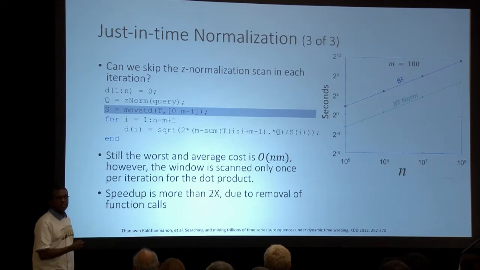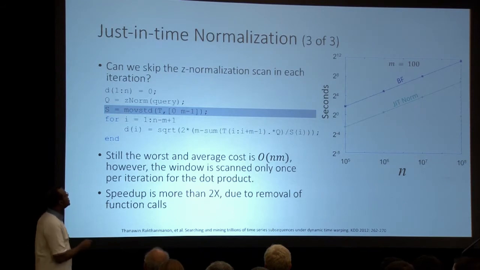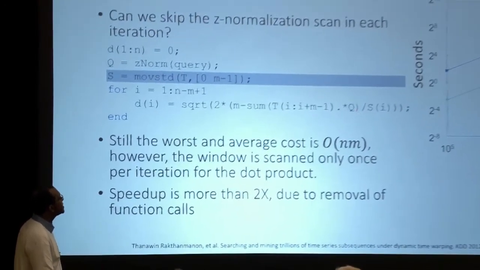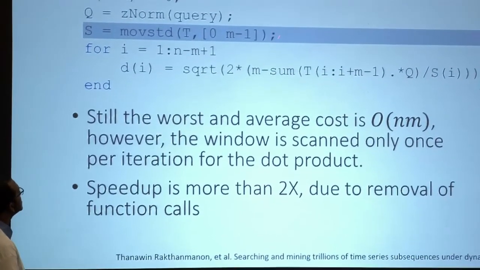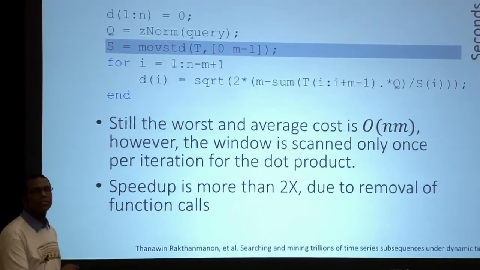This section is basically talking about the just-in-time normalization, meaning that instead of calling that z-norm function, you will use our working formula, where you use the square root of 2m(1 minus sum of this). Basically, this is the dot product, and this is the division by standard deviation. And that standard deviation is calculated using this moving standard deviation formula.